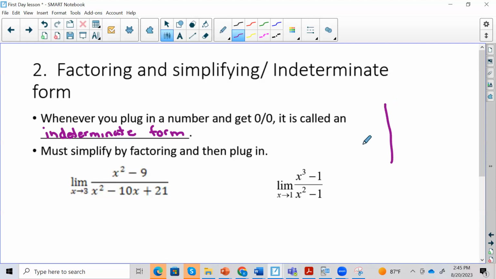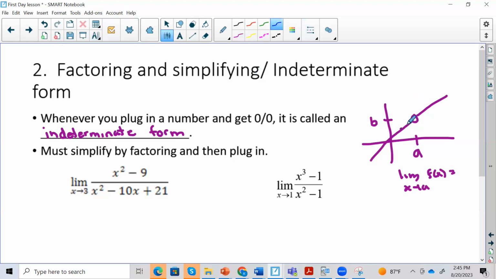On a graph, what it looks like at that value I'm looking at, like the limit as x approaches a, when I get 0 over 0, what is happening on the graph is that there's a hole. And if there's a hole, remember the limit does exist. It's whatever this function is approaching from both sides.